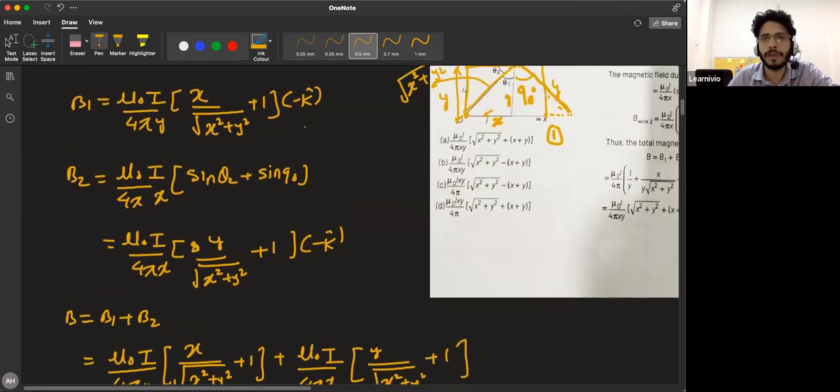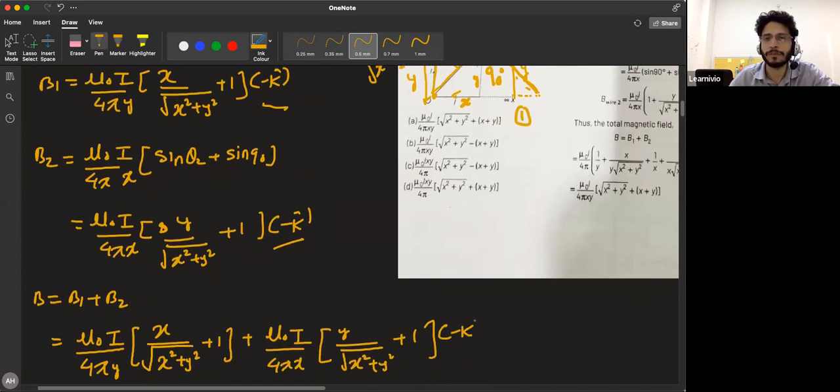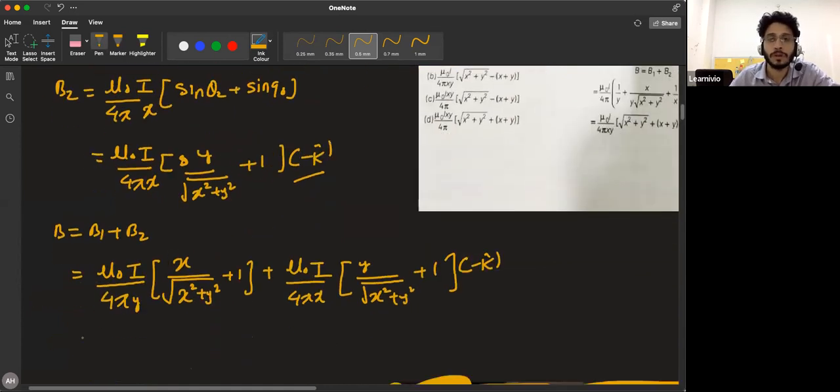Since both have minus k cap, now you can take minus k cap as common. In the next step, we can take some common, like mu naught I by 4 pi. We can take these terms as common, and you would be left with xy root over x square plus y square into y plus 1.